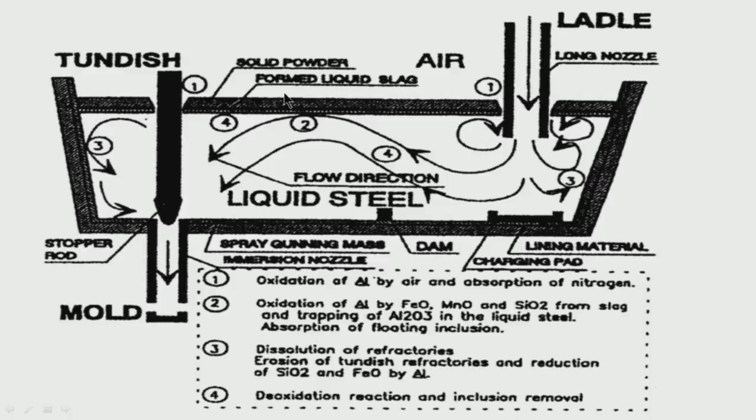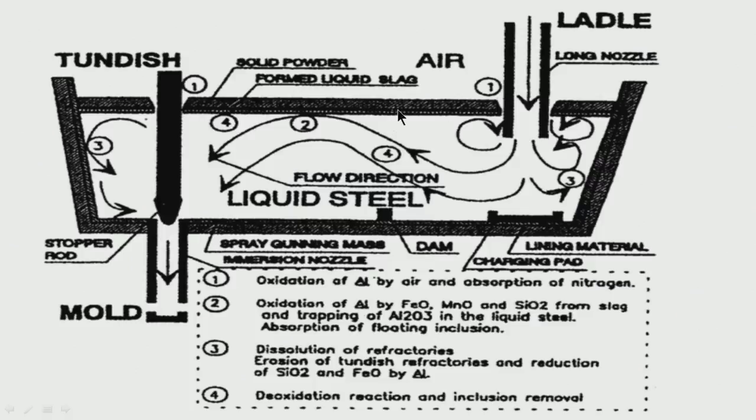Then at the slag liquid steel interface, there is a possibility of again reoxidation of aluminum if you have constituents like FeO, iron oxide, manganese oxide, silicon oxide in the slag. Like I have mentioned, in the ladle, slag should be basic and there should be less amount of iron oxide, manganese oxide, silicon oxide, so that there is no reoxidation.